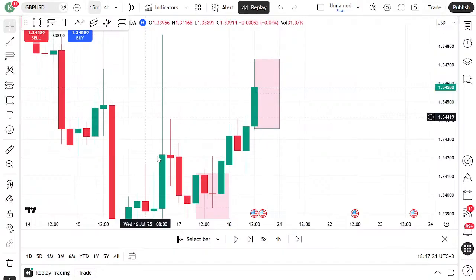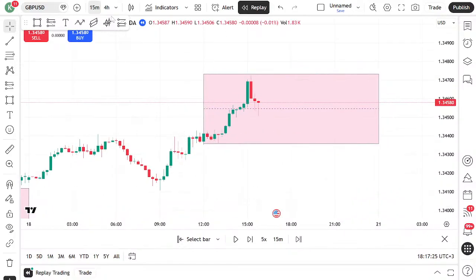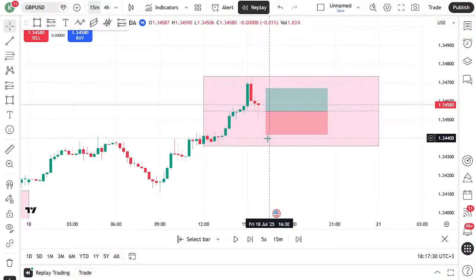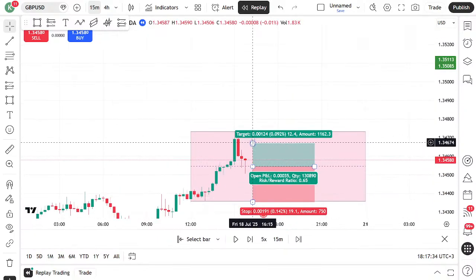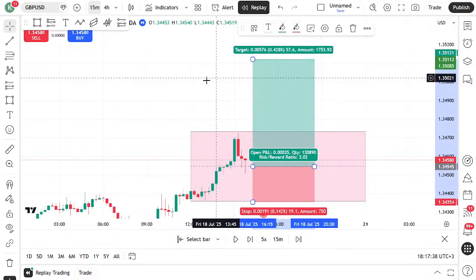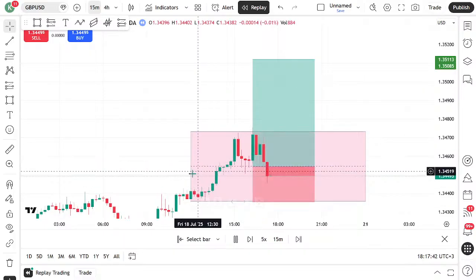Drop down to the 15-minute level. This time we want to take a buy. Going to take a buy here. Our stop loss is going to be just slightly below. And then you're going to target a 1:3. Let's see what trade is triggered.